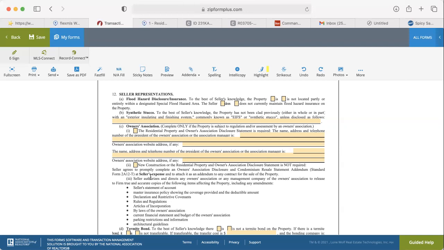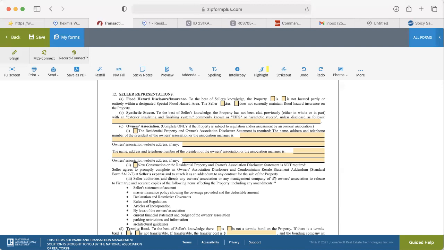So if the property is new construction, or if the property is not required to have an owner's association disclosure statement, then the seller agrees to promptly complete an owner's association disclosure and condominium resale statement addendum. So that's a special form at seller's expense, and to attach it as an addendum to any contract for the sale of the property. Okay.